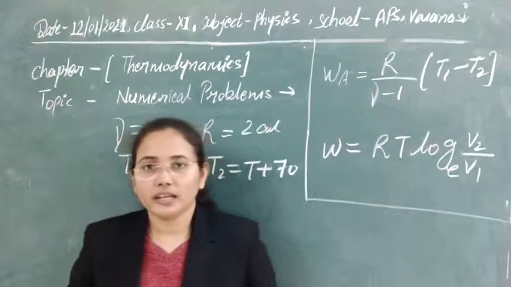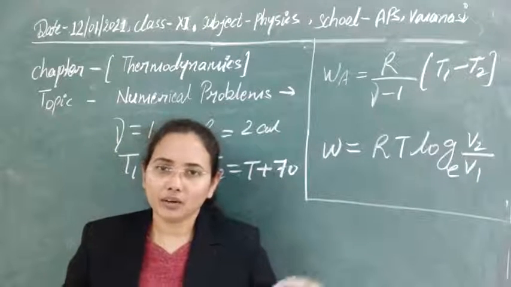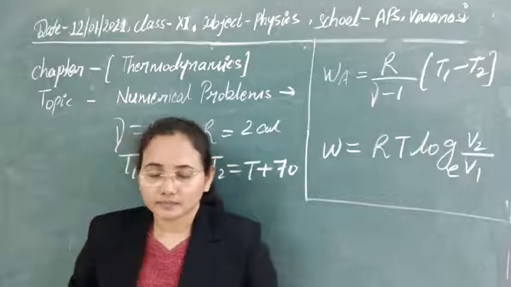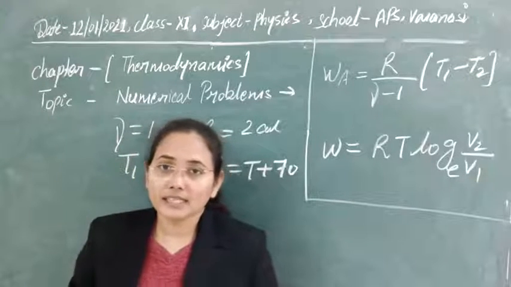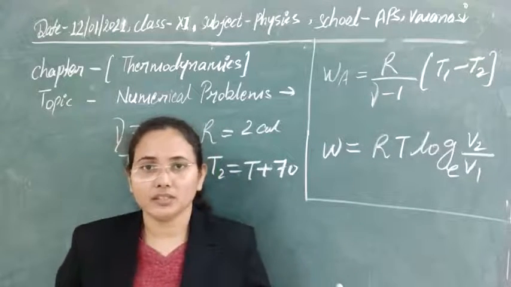So whenever you take a change in temperature on the Celsius scale, it will also be the change in temperature on the Kelvin scale. Only the change in temperature will be the same, not the temperature itself.